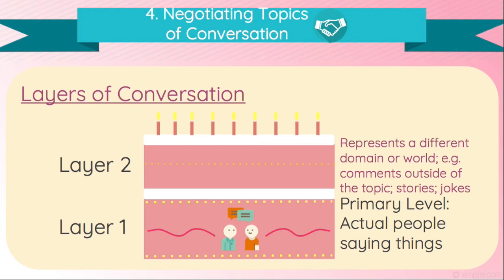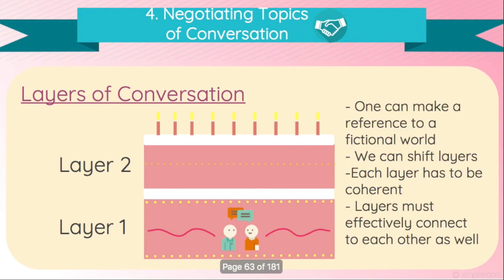Sometimes we give comments outside of the topic, stories or jokes, stories that could be fictional, such as stories about ogres and Harry Potter, for instance. So it's important to know that when you're in a conversation, you can make reference to these fictional worlds.